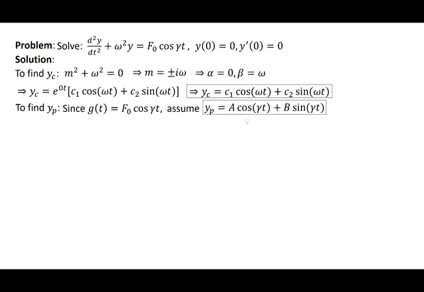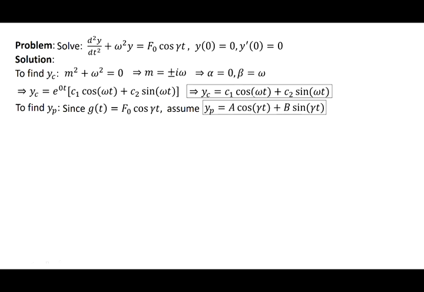Is that a duplication though? Is a cosine gamma t a duplication of c1 cosine omega t? If you say, nah, because this is a gamma and that's an omega, be careful. Why? Because did I ever say gamma is not equal to omega? What if gamma equals omega? Right? So the right way of looking at it is as two separate cases.